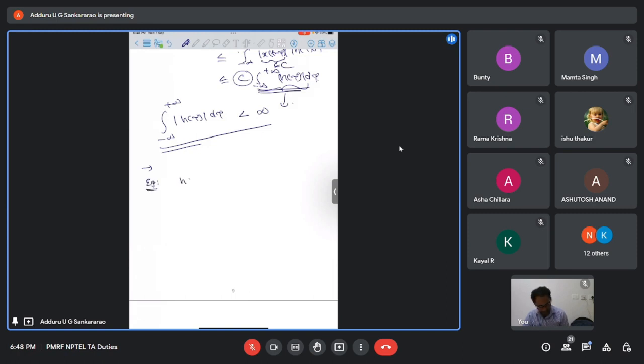An LTI system with impulse response is given as h of t equal to e power minus 3t u of t plus 2. Now you tell me whether the system is stable or causal or not.